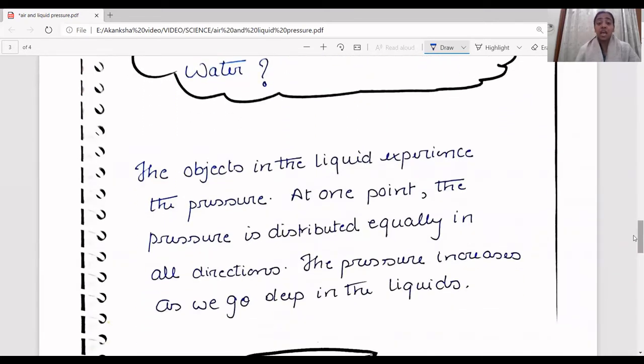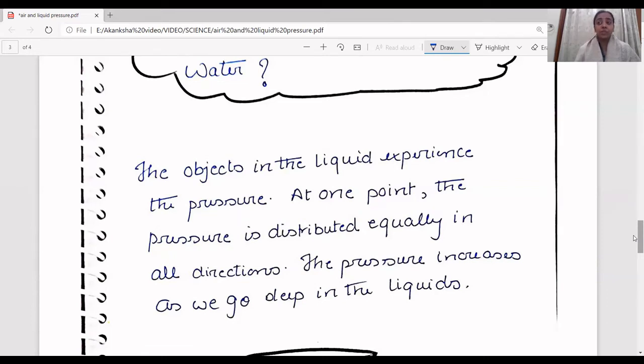An object in the liquid experiences pressure. So any object that is inside the liquid is going to experience a pressure. At one point, the pressure is distributed equally in all directions. The pressure increases as we go deeper into the liquid. Try and understand, the more you go deep into the water, the more pressure you will experience.